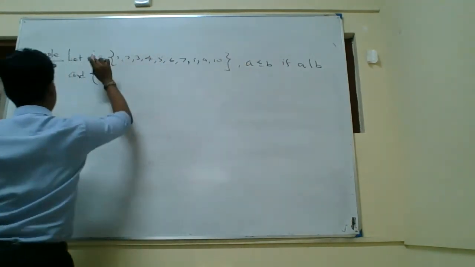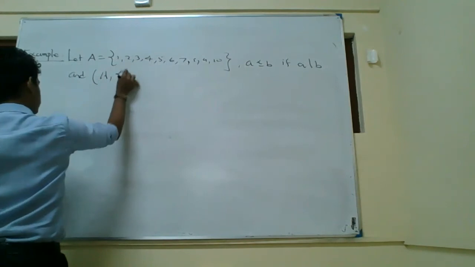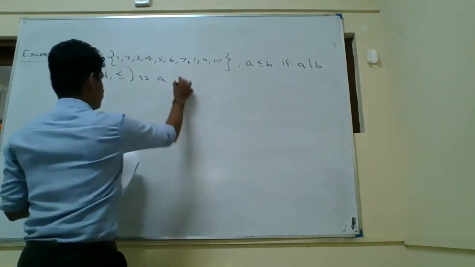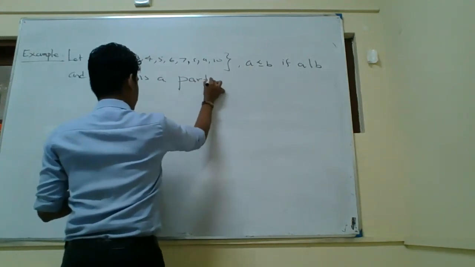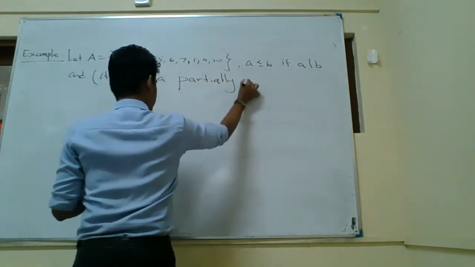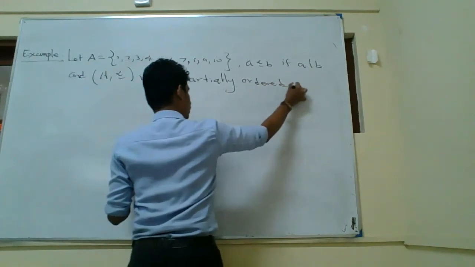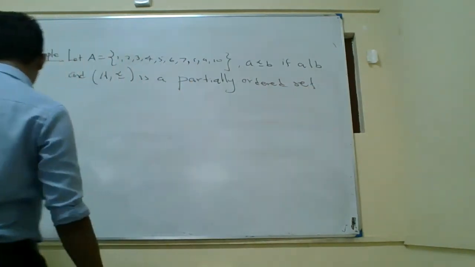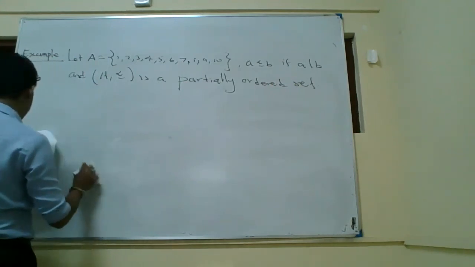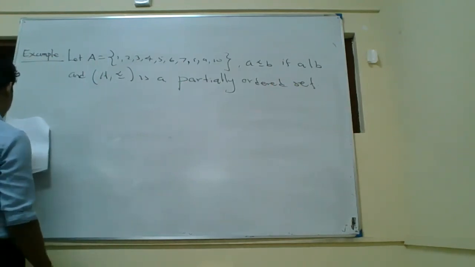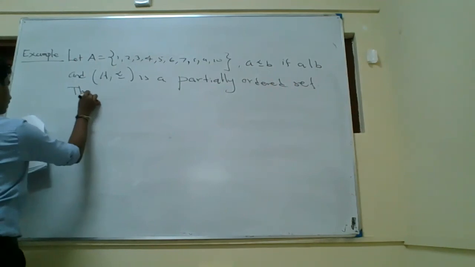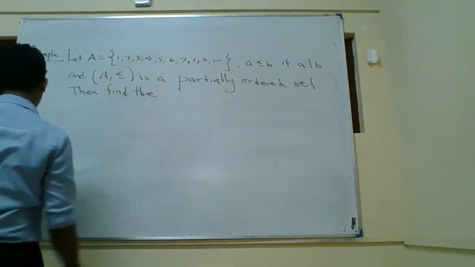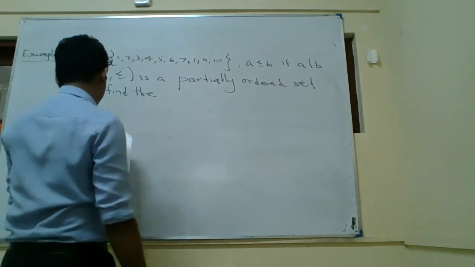This is your set A. Therefore, A with this relation is a partially ordered set. This example was already discussed. Now your task is to find the maximal element of A and the minimal element of A.